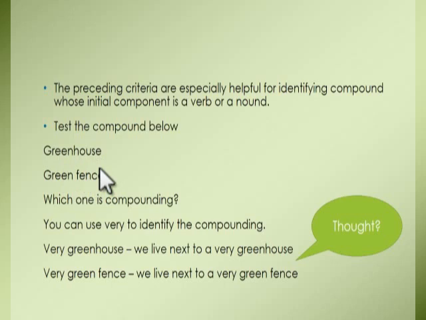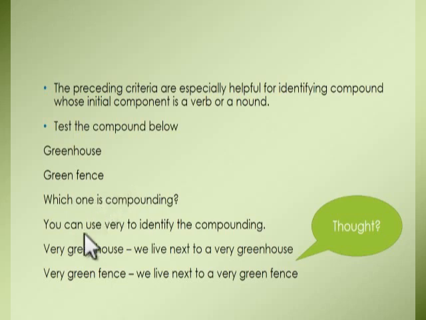Actually, from the pronunciation, as I said before, if the stress is on the first element, it is a compound. If the stress is on the second element, it is non-compound. But we have another test, by giving what?